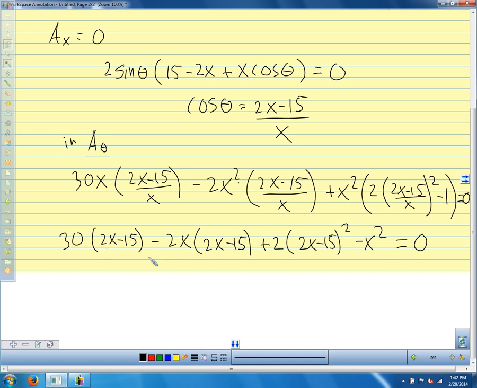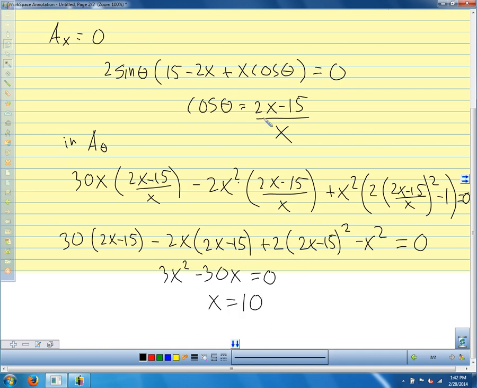And when I distribute and combine like terms, expand this piece out, I end up with 3x squared minus 30x equals 0. And this gives me that x equals 10.